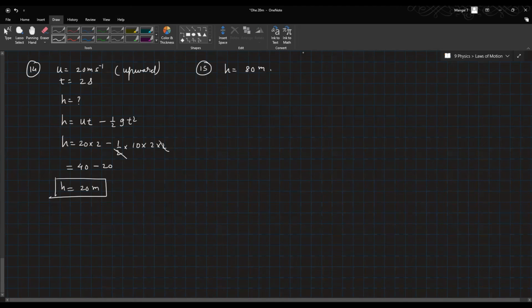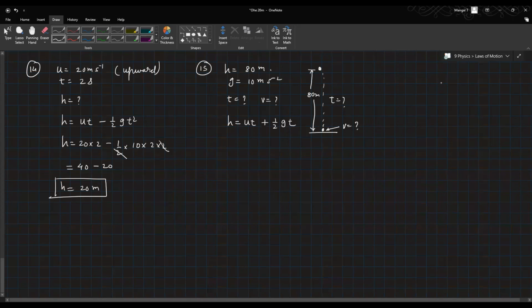h is 80 meters. Time is equal to question mark and velocity is equal to question mark. h is equal to ut + ½gt². Remember, this is a pebble over here and this height is 80 meters. When it is released, the question is how long it takes to fall down, and when it is just about to hit the ground, what will be its velocity?